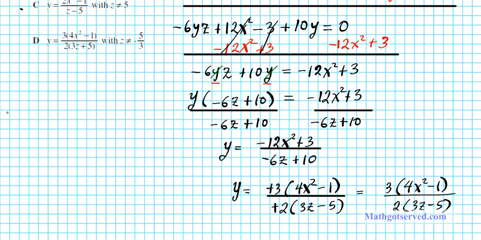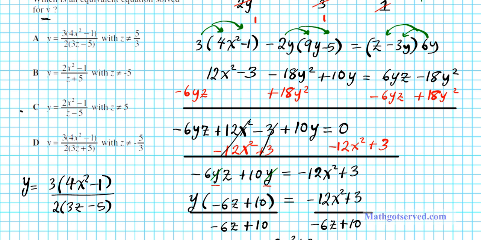Okay? So let's see which one this one matches. Let's write it here again so we can compare them without scrolling up and down. Alright, so there goes our final answer. Okay, so we can clearly see that answer to number 6 is option A. Of course, z cannot be 5 over 3 because if z is 5 over 3, we'll have an undefined output value.